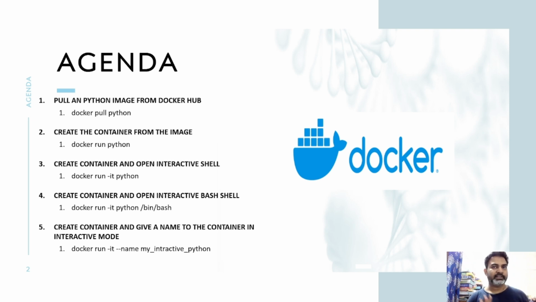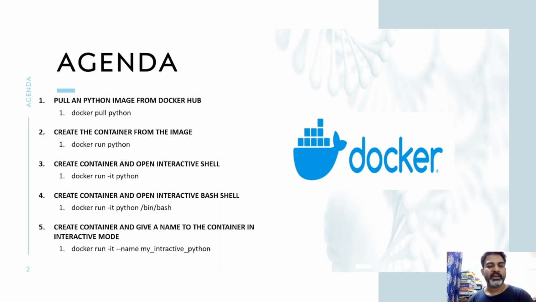But in this post, we are just trying to create a container which is nothing but a Python container, with a Python interpreter present in it. Now there's one more thing existing in Docker, which is called Docker Hub. Docker Hub already has lots of images, like Spark images, Iceberg images, Python images, and so many other images.